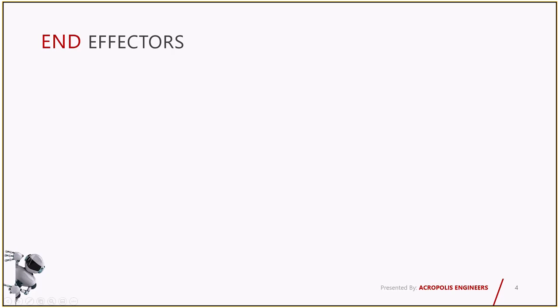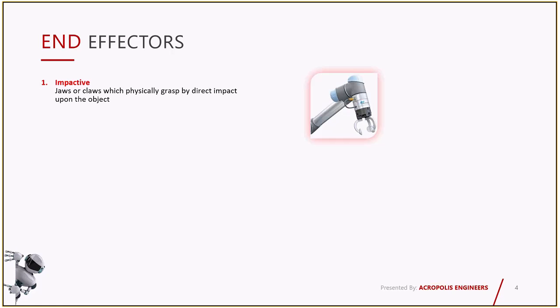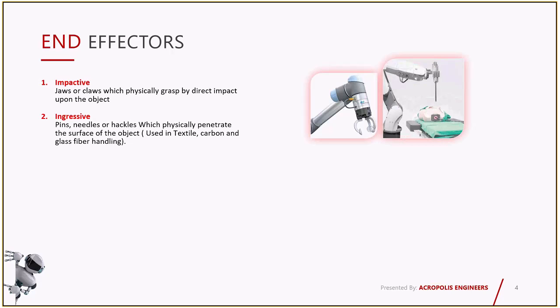Before we go any further, there are four main groups of end effectors. We have impactive ones: the jaws and claws, which physically grasp by direct impact upon the object. We have the ingressive ones: pins and needles, mostly used in hospitals, textiles and carbon and glass fiber handling.